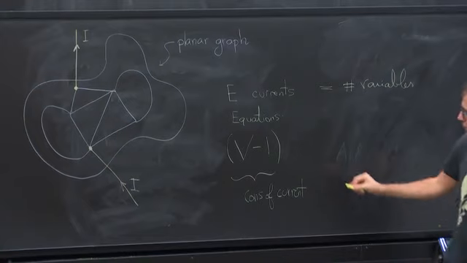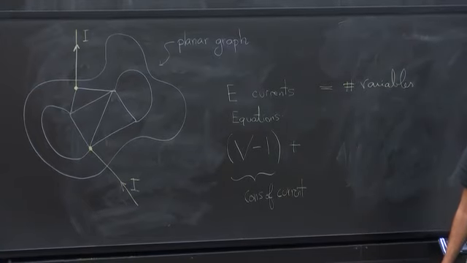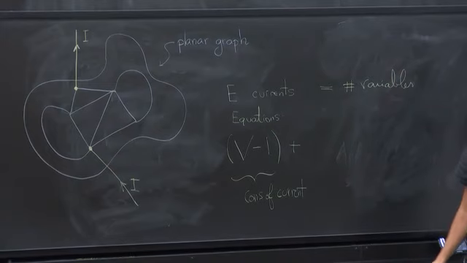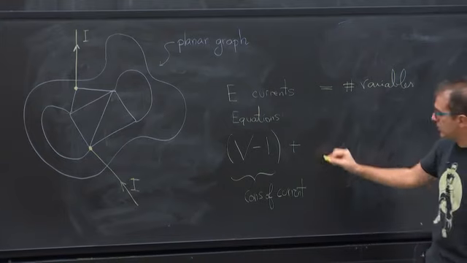All right? Plus, what other equations do we have? Potential for each face. Very good. At each face, if you measure the total potential as you go around, it must be 0. And here you see why Kelly's condition is crucial, that you cannot have holes. You need to make sure that it's topologically trivial.